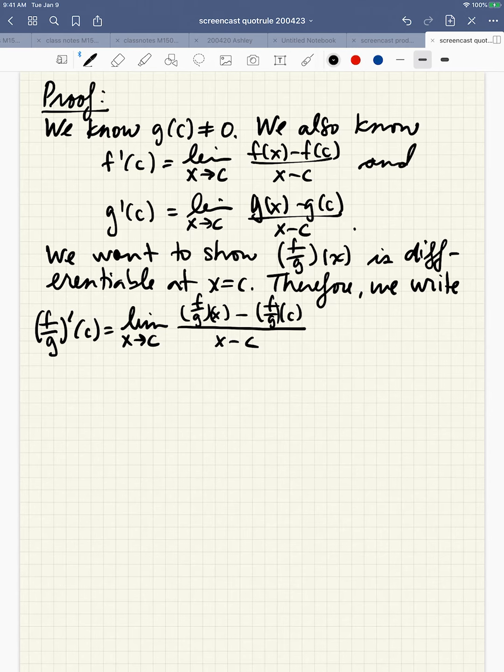So most of this proof is going to be spent rewriting this in a way that gets us to a place where we can use these two facts that we know. So bear with me, I'm just going to start rewriting. The first thing I'm going to do is take that x minus c in the denominator and write it as multiplying what we have by 1 over x minus c.